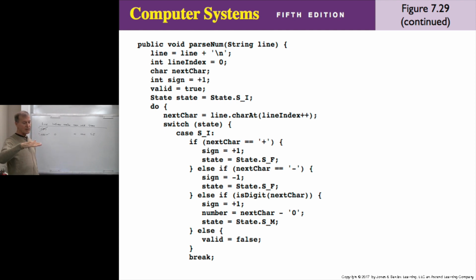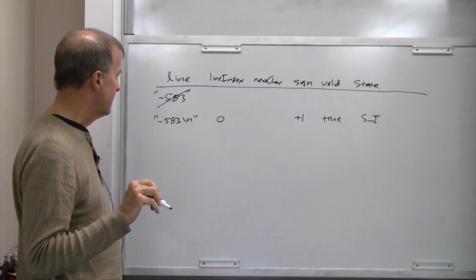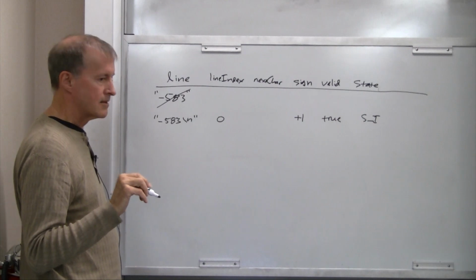Now what does it do here? Next char gets what? Line.char at what? Line index plus plus. That's not plus plus line index, that's line index plus plus. So what does that do? First of all, next char gets what?